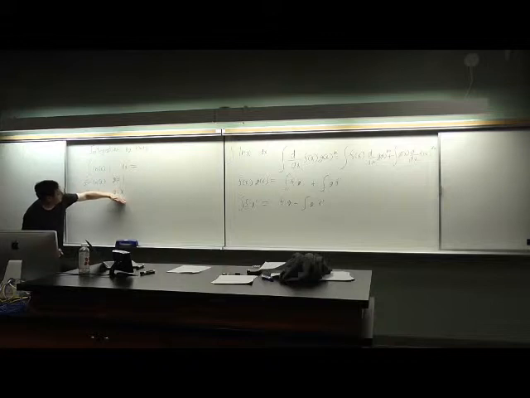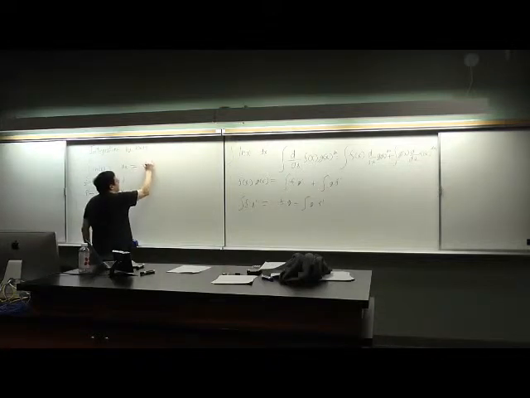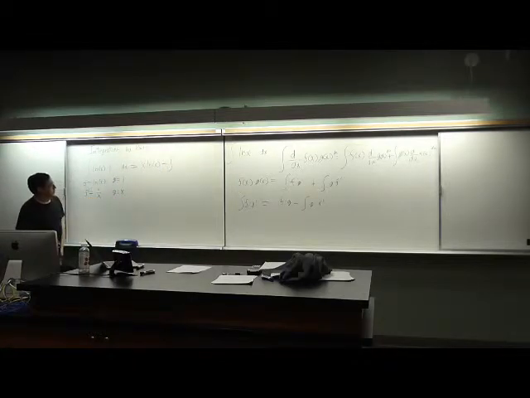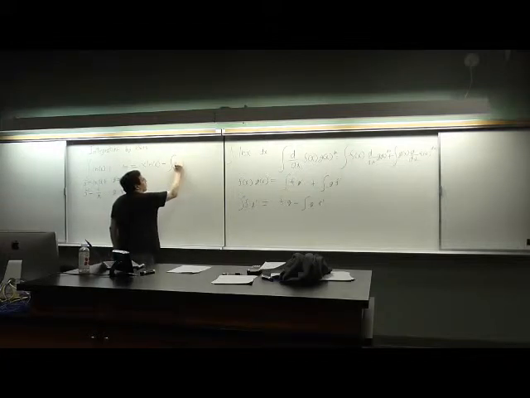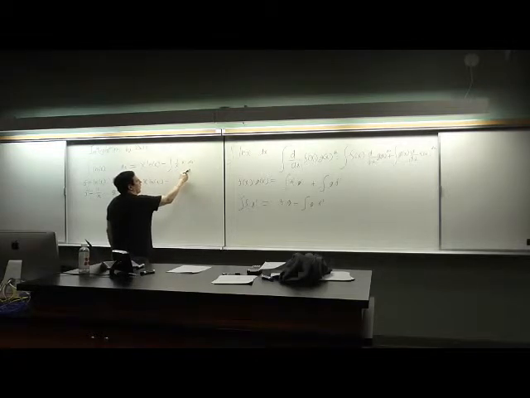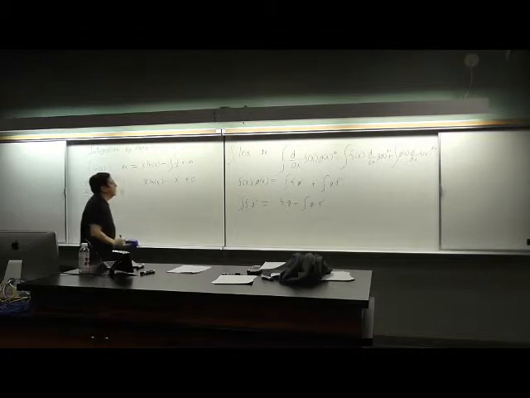That's this times this. So it's x log of x minus integral of the bottom row. This is too easy. This is 1 over x times x dx. All right? So I get x log of x minus integral of 1, which is just x, plus a constant.